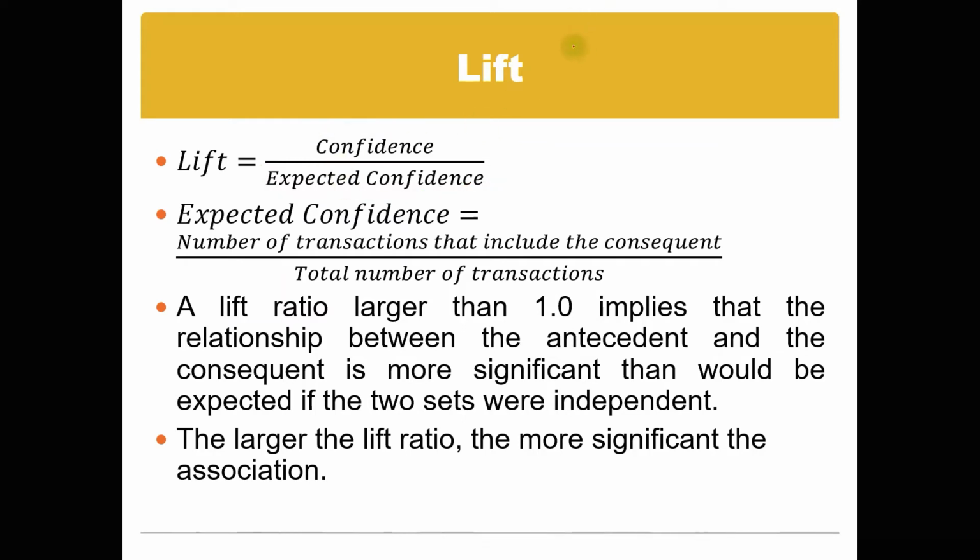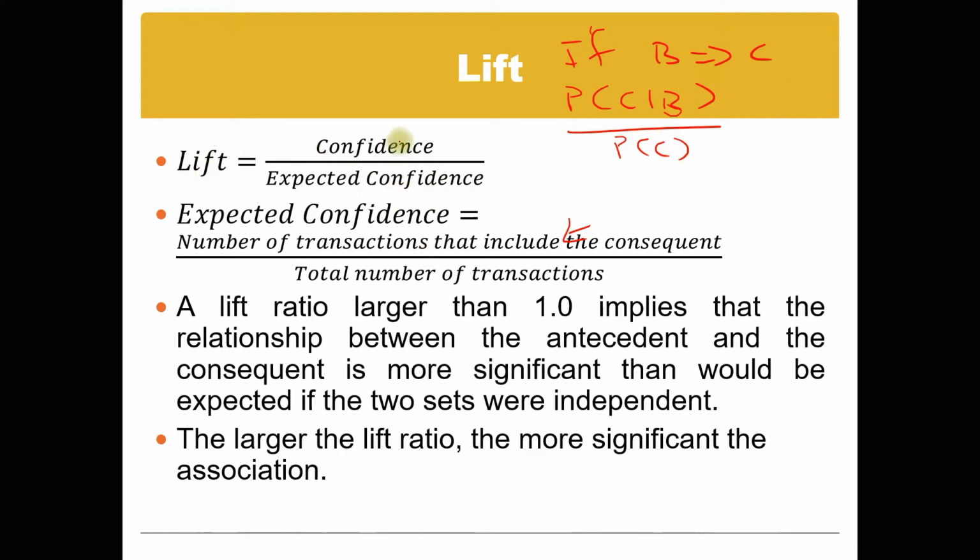So if you are talking about buy broccoli then buy corn, the confidence, as we understood, is the probability of C given B. But what is the expected confidence? The expected confidence is the number of transactions that include the consequent over the total number of transactions. What does this mean? It means we are looking at the probability of the consequent. Here we go. That's what we are saying.